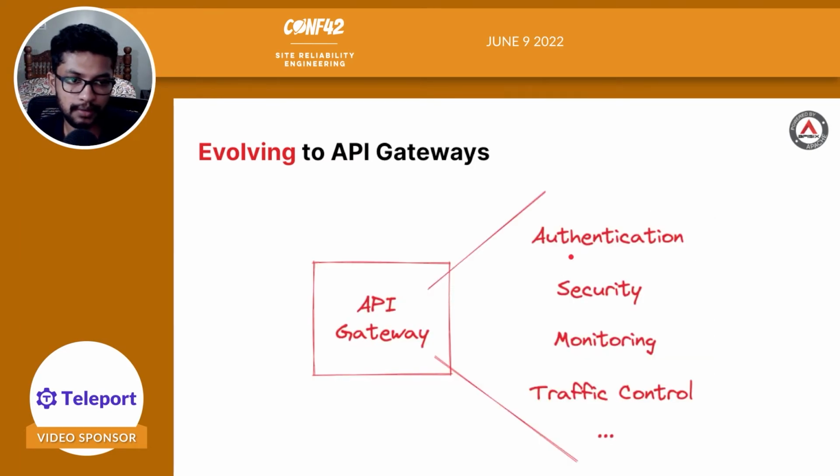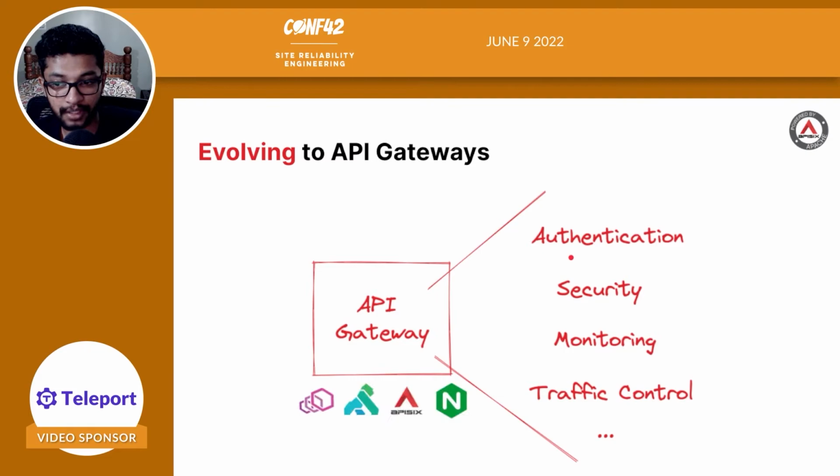It manages authentication, it deals with your security, it can be configured to allow for monitoring and observability, and it can also be used for traffic control, among a lot of other things. So an API gateway is quite useful, and with that in mind, let's look at some of the reliability best practices for API gateways.